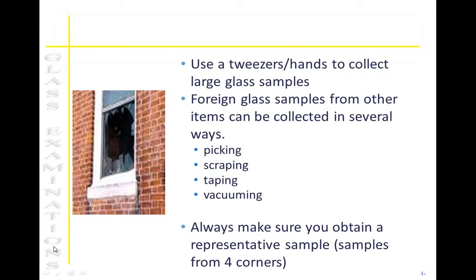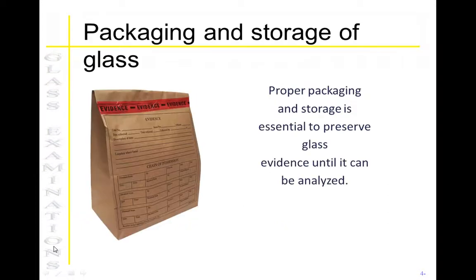If you're collecting the known glass for comparison purposes, where you're going to be performing optical and physical property examinations, you need to collect a good representative sample. And usually this means taking samples from the four corners of the window itself.